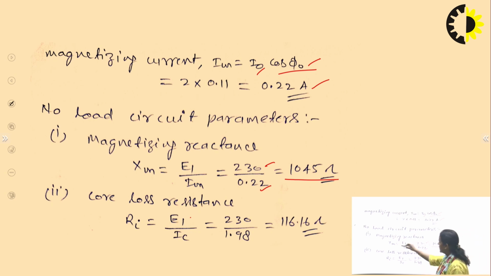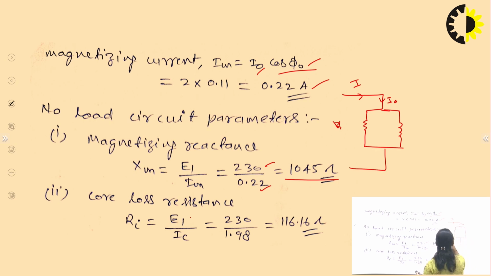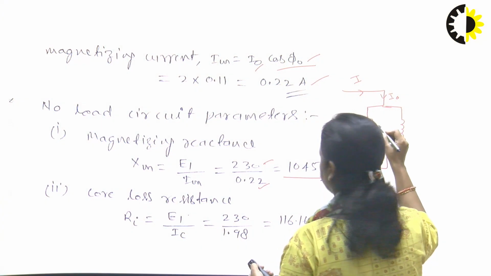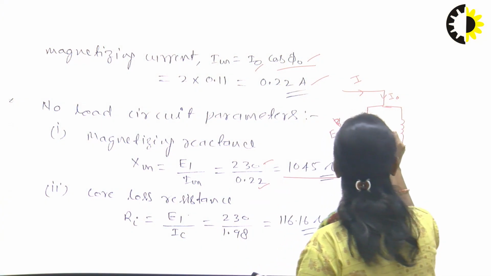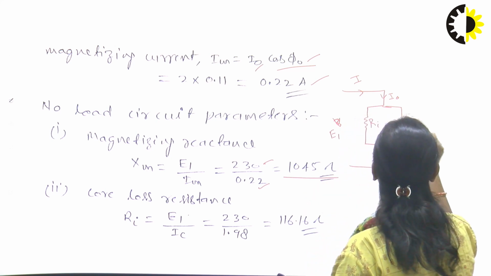So how are we finding this? I hope you know the equivalent circuit of the transformer at no load. Here the I naught is coming and it is getting divided into two branches, right? Here we have taken E1. This is our RI and this is our XM.